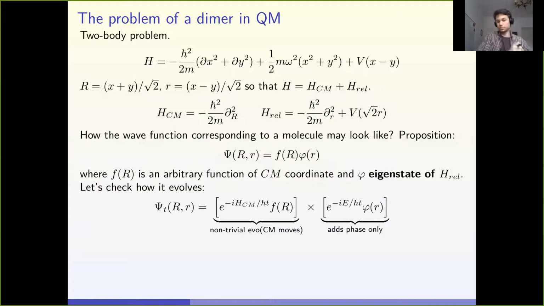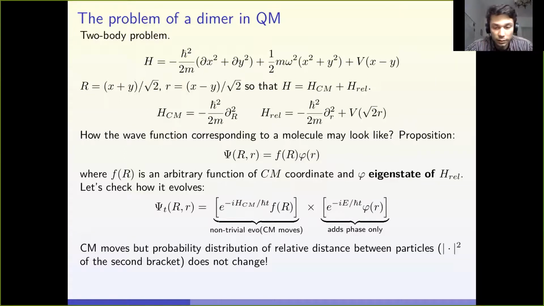The molecule moves, but the relative degree of freedom evolves trivially because it is an eigenstate of the relative Hamiltonian. So nothing happens in the relative degree of freedom. It is frozen out. This is something that you would expect from a molecule, because the center of mass moves, but nothing happens when it comes to the relative distance between the particles. In particular, the probability distribution of relative distances between particles does not change.